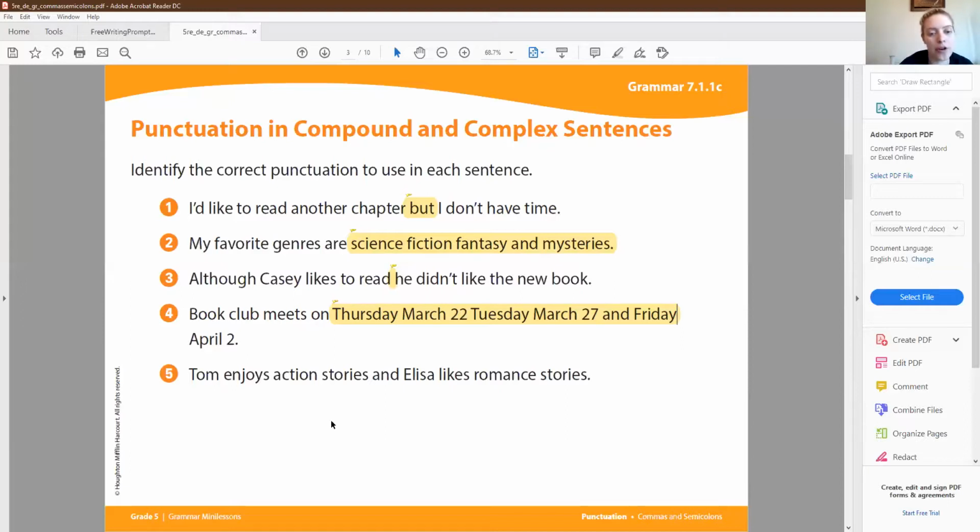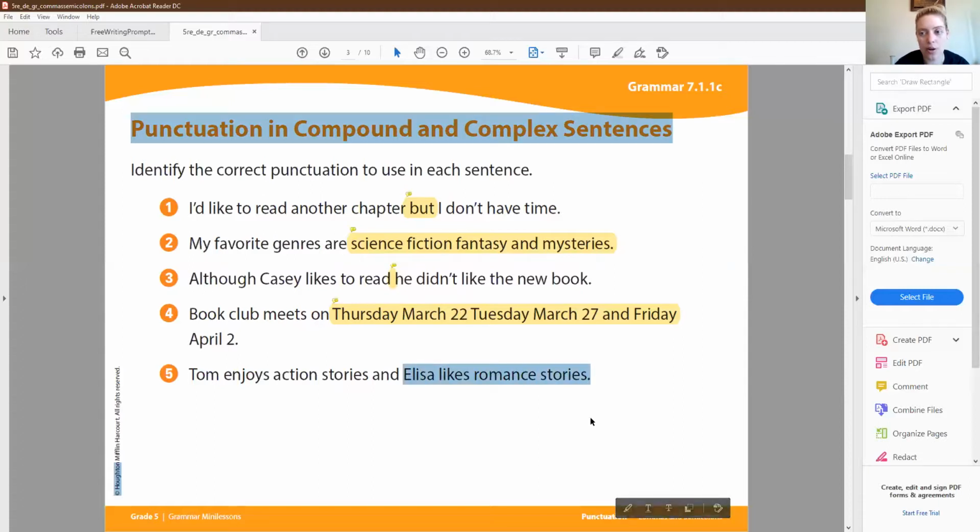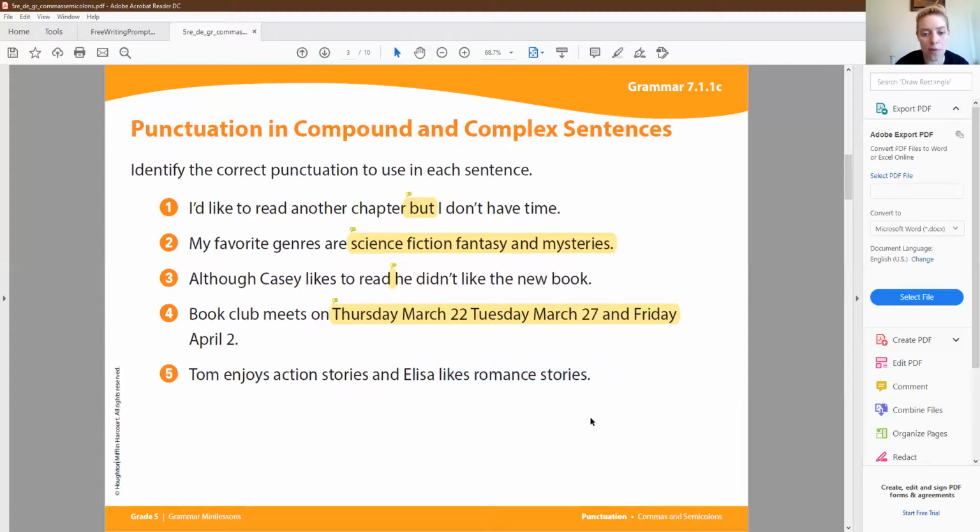Okay, so if we notice here, this is going to be a compound sentence because we have "Tom enjoys action stories." That makes sense on its own. "Elisa likes romance stories." That makes sense on its own. Okay, so remember our comma is going to need to go before the conjunction. Your conjunction in this sentence is "and." Okay, so you're going to need to put a comma in between "stories" and "and."